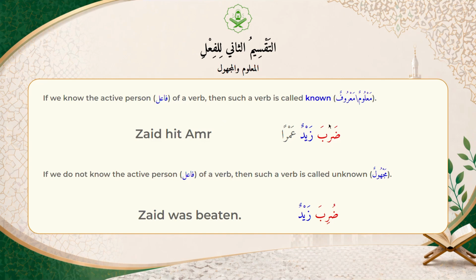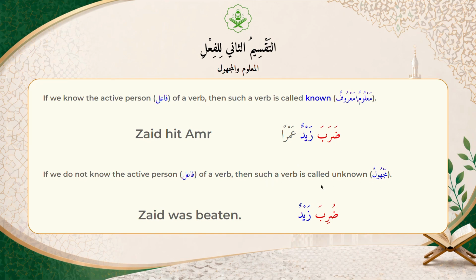So that verb is called ma'lum. For example, ضرب زيد عمرا, Zaid hit Amr. In this sentence we know that Zaid is doing the action of hitting, right? So that's why the ضرب will be ma'lum. We know the person who is doing the action.